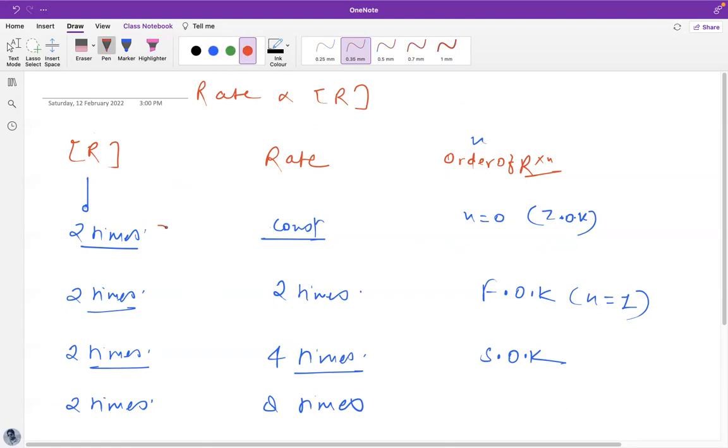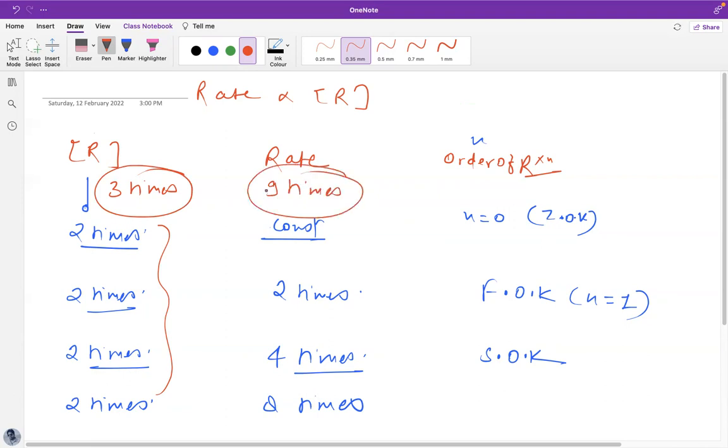What will happen if you change the concentration of reactant 3 times and the rate becomes 9 times? Tell me, what should be the order of kinetics? Yes, second order kinetics.